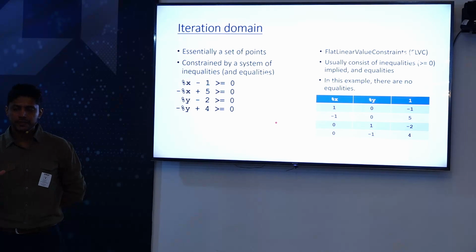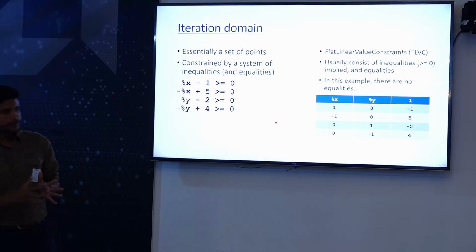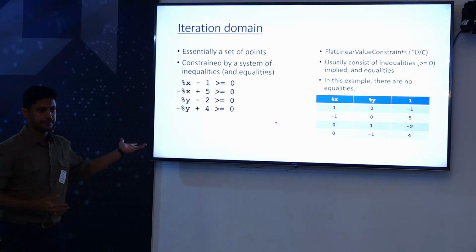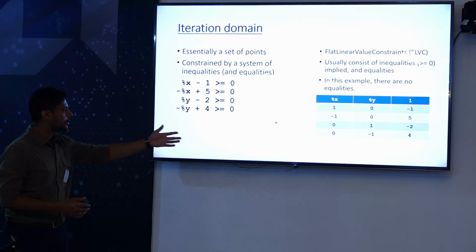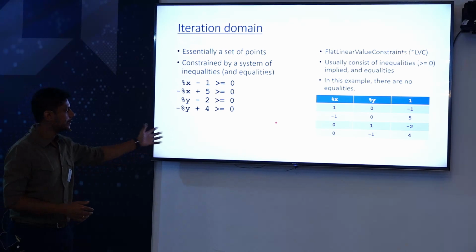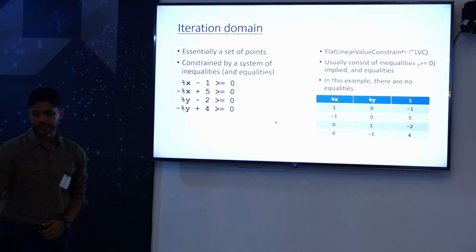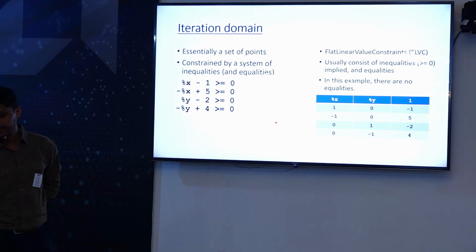These are not lines or half spaces. These are sets, constrained by a system of equalities or inequalities. I haven't introduced equalities here. Still, inequalities are there. Equalities can be there as well. In this example, there are no equalities.